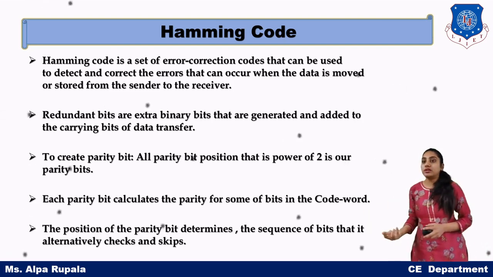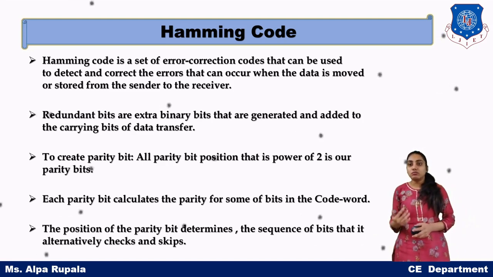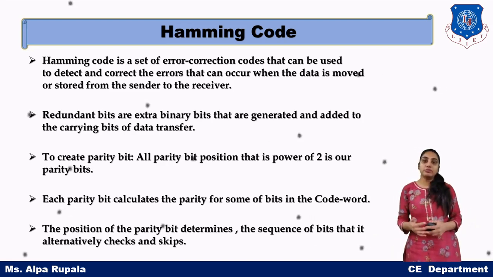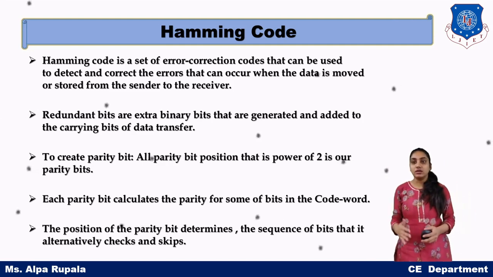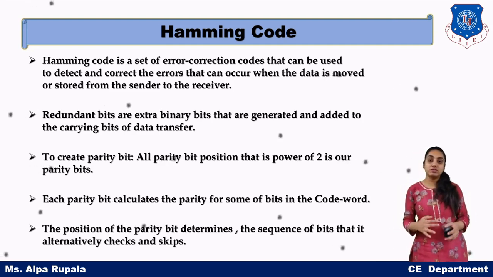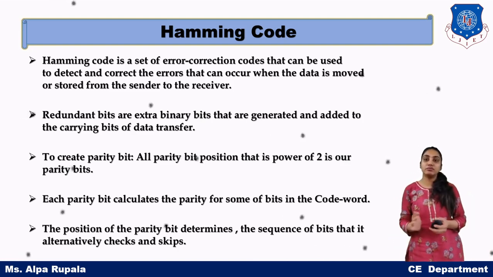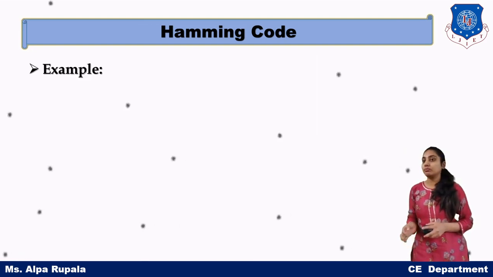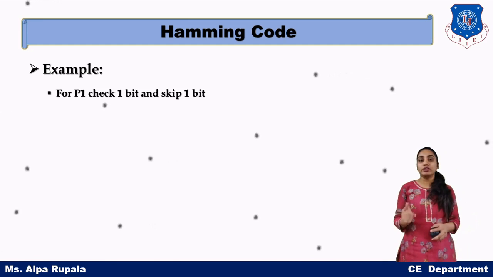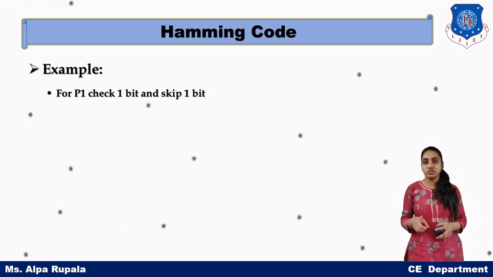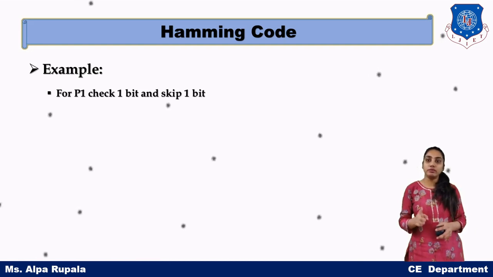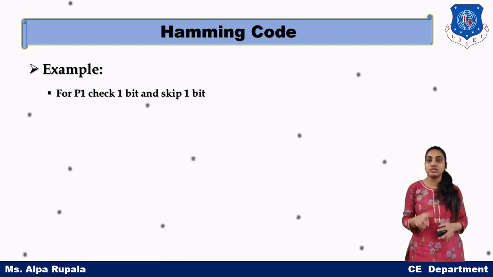Each parity bit can be calculated from a selection of bits, and the position of the parity bit determines which bit sequence will be checked or skipped. For example, if I am calculating parity for P1, the first bit, then one bit will be checked and one will be skipped.